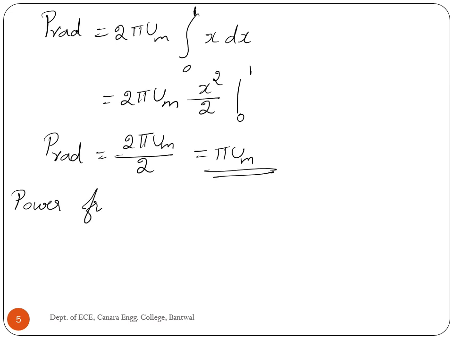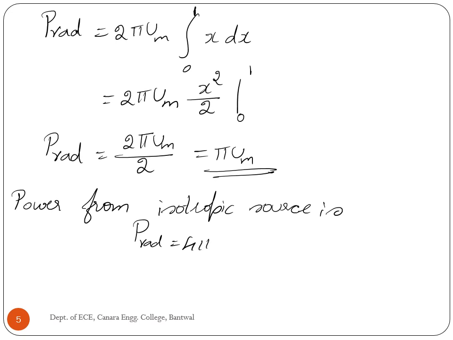Power from an isotropic source is 4 pi U naught. Therefore, directivity is equal to 4 pi divided by pi, which is equal to 4.